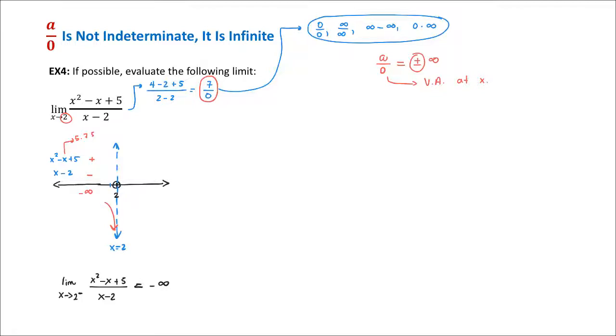Then, when we go to the right, we're going to do something very similar. Now I am going to choose, let's say, 2.5. Let's plug in 2.5 into x, 2.5 here, and 2.5 here. When we do the numerator for 2.5, we are going to get negative 11. No, I am lying.